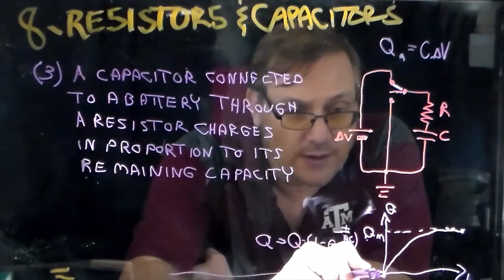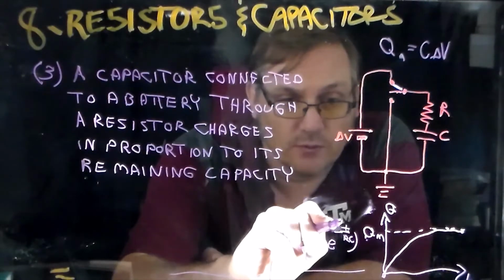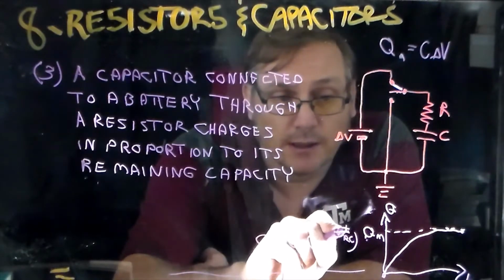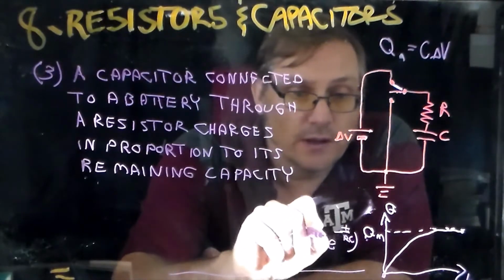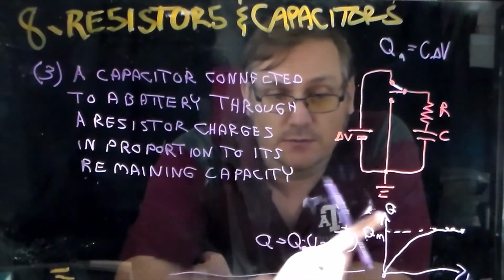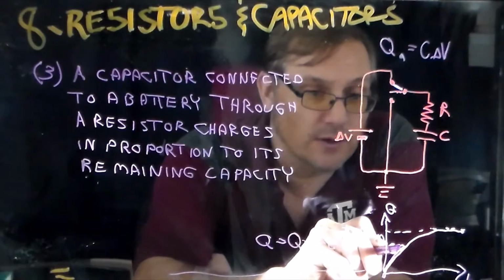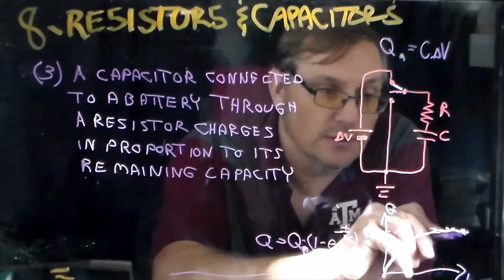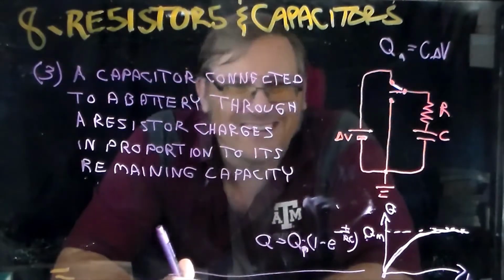So we start off here at 0 because at t equals 0, when we start charging, e to the minus t over RC is equal to 1, so that 1 minus 1 is 0. And in a long, long time, this goes to 0, so we have Q equals Q max. So we just have this exponential approach to Q max.